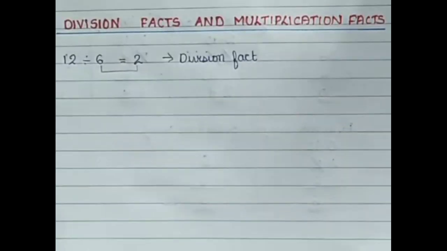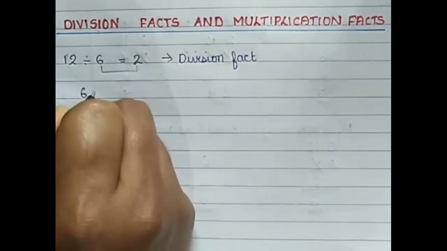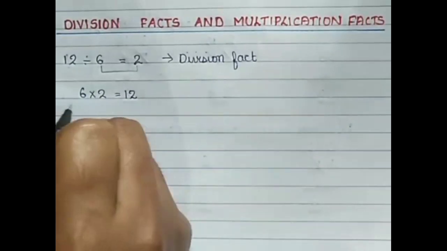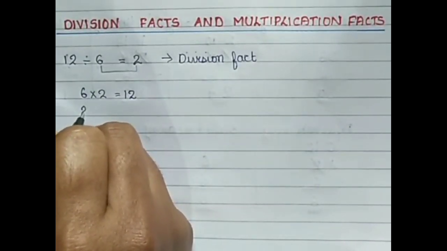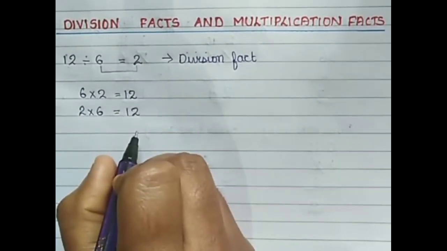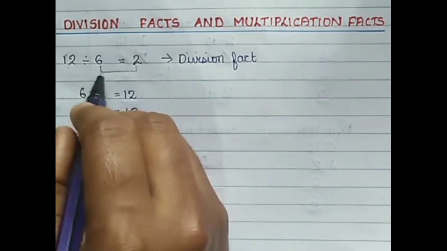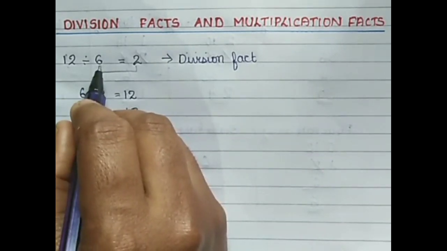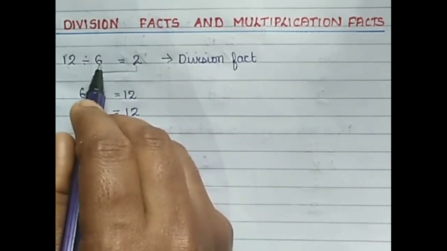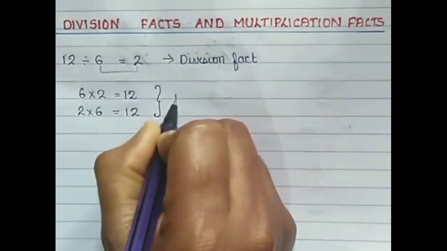Which are they? 6 into 2 and 2 into 6. 6 into 2 equal to 12 is the first multiplication fact, and 2 into 6 equal to 12 is the second multiplication fact. These are the 2 multiplication facts.